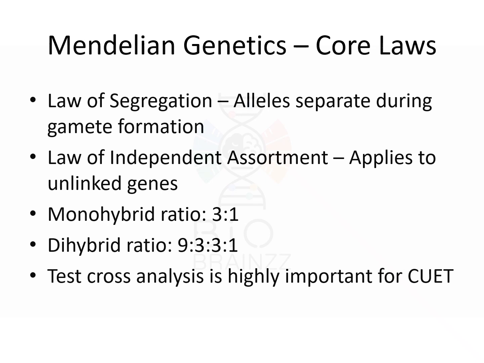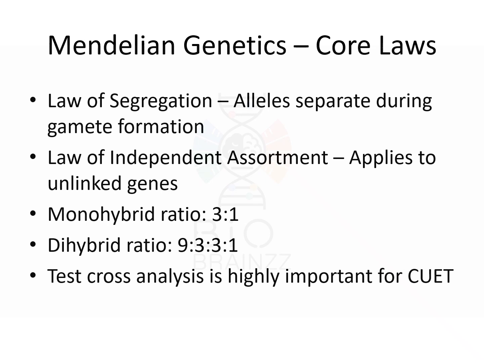Mendelian genetics core laws. Mendel explains how traits are passed from parents to offspring through genes. The law of segregation says that allele pairs separate during gamete formation. So, each gamete gets only one allele. The law of independent assortment says genes on different chromosomes assort independently.